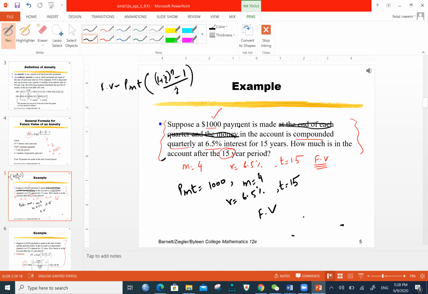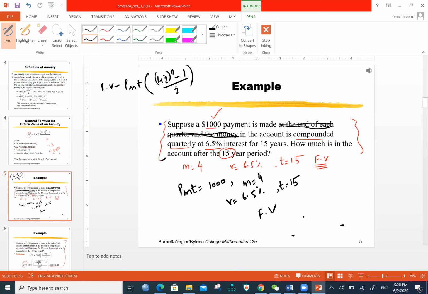Tell me, how do we identify, is it a problem of annuity or compound interest? First tell me this difference. Because it's the future. No, Kathleen, you tell me. Because it's asking you how much is after 15 years. No, I'm asking, how do we identify that this is a problem of annuity or compound interest?